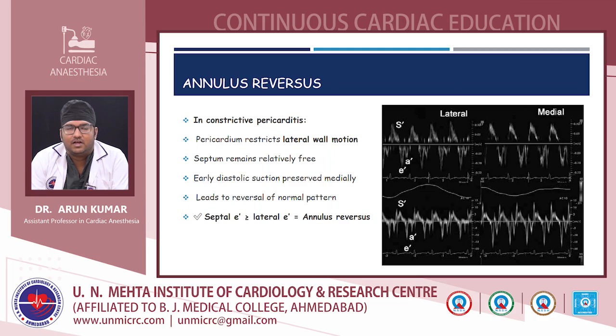So in constrictive pericarditis we see septal E prime greater than lateral E prime, which is termed annulus reversus, and the image depicts this. This is one of the most important signs in constrictive pericarditis, which differentiates it from restrictive cardiomyopathy.